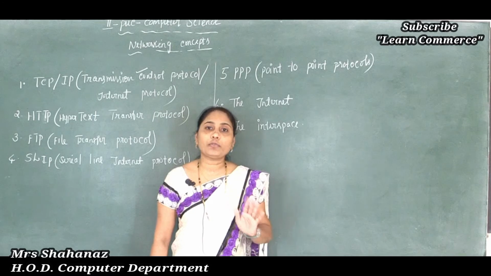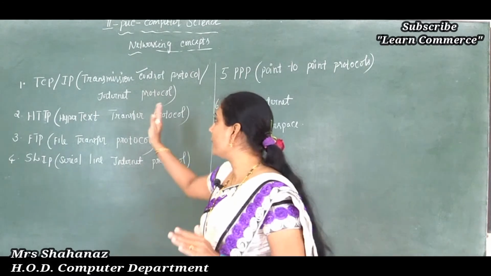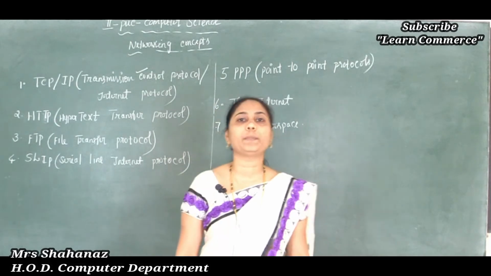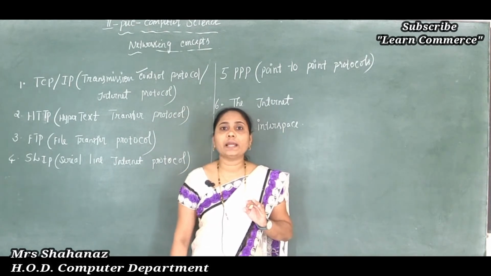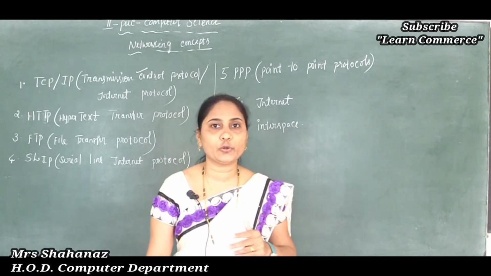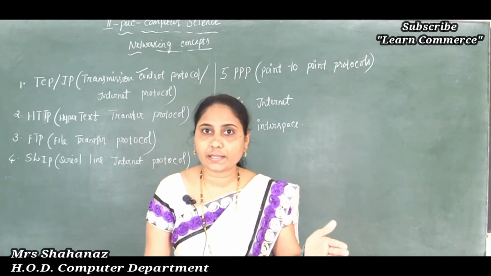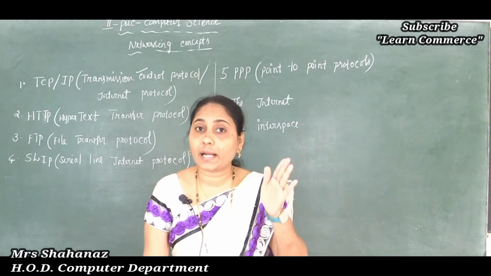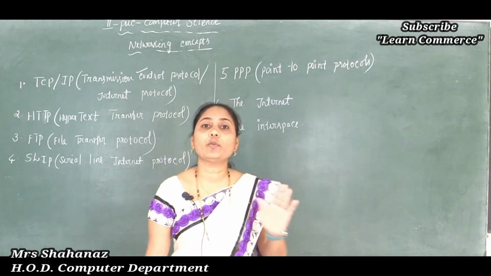Okay, now after completing the layered set of protocols, I want to tell some important points about TCP IP. So TCP IP assumes that there is a way to reliably communicate between two computers. That means by using TCP IP, it is possible to make communication between two networked computers.